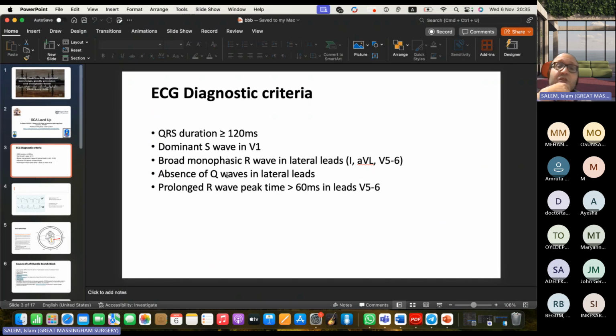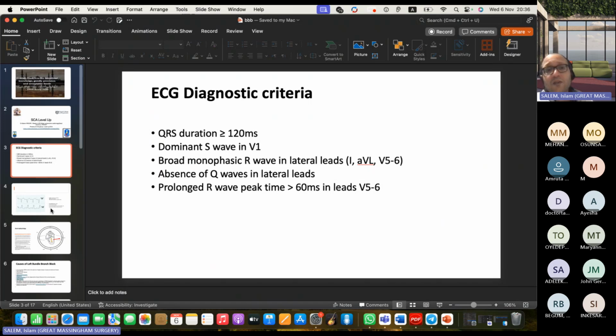Then a dominant S wave in the anterior leads V1, V2, and V3, and a dominant R wave in the lateral leads, and I will explain why. The prolonged peak time and absence of Q waves could be an accessory confirmation of left bundle branch block.